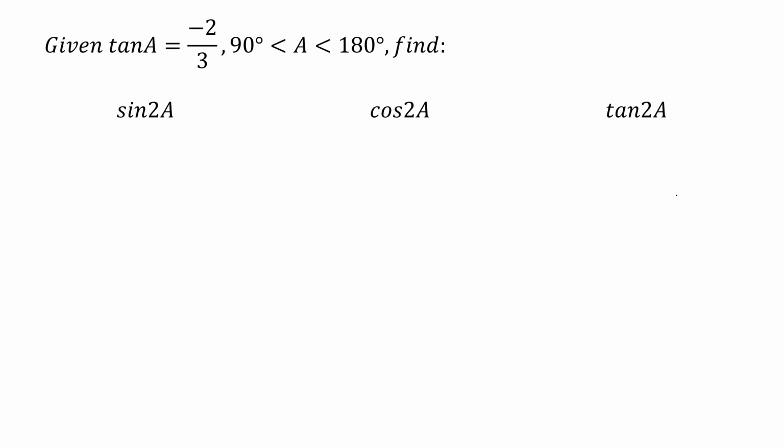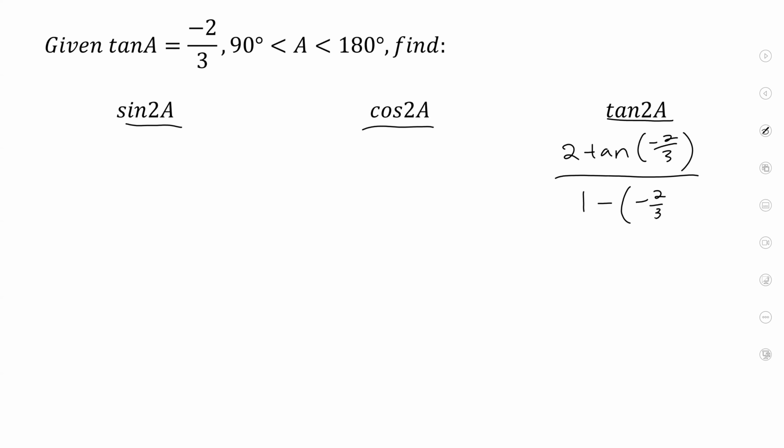I'm just going to do tangent 2A. If you solved for sine and cosine, you can just divide them and get this one. I'm going to use the formula. Tangent of A is 4/3 here, so that's our formula, and we plug it into the formula. So I get 2 times 4/3.